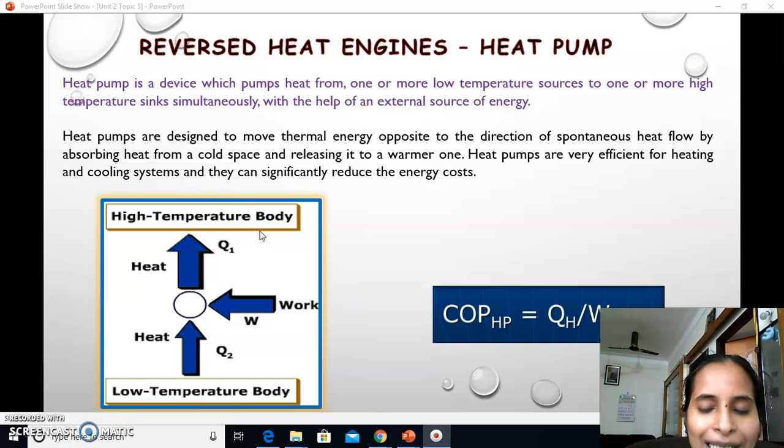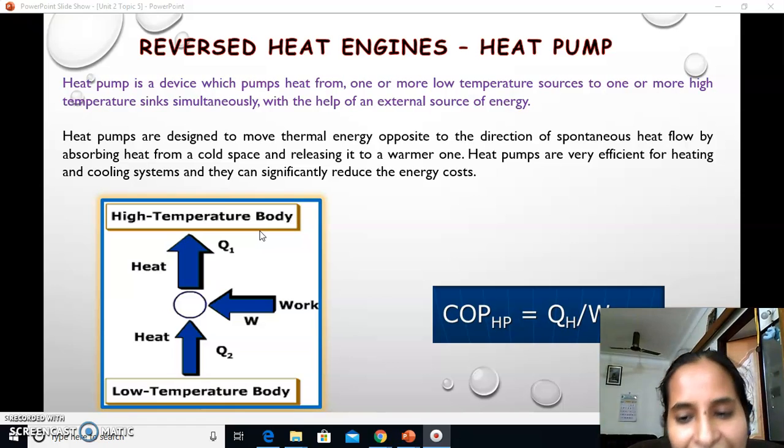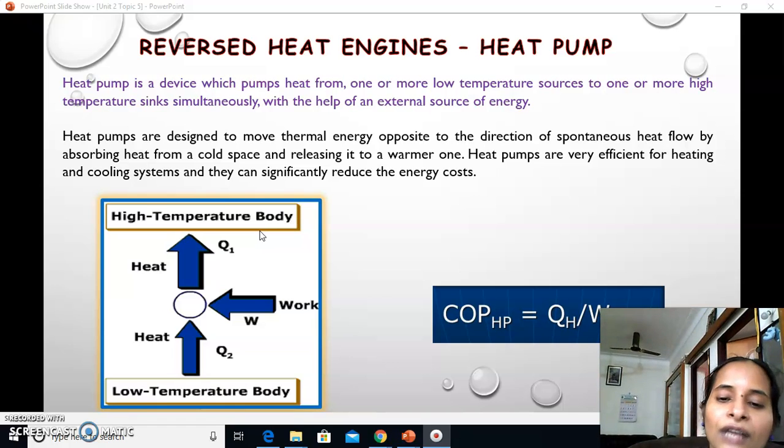the desired effect, what is our required effect, to the work input given to the system, because the input here, what we mean is, in the heat engine we are giving heat as the input, but here we are giving work as the input. Okay, so for that particular amount of work, what would be the maintenance of heat?